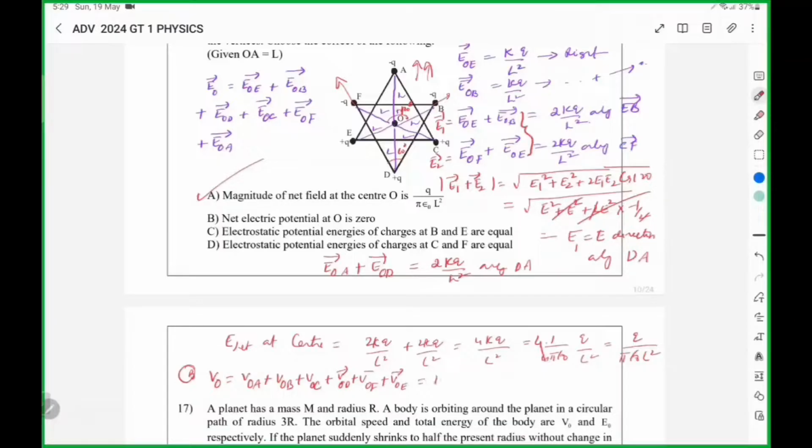That is K into minus Q by L for OB, and it's a scalar, so nothing to do with the direction.